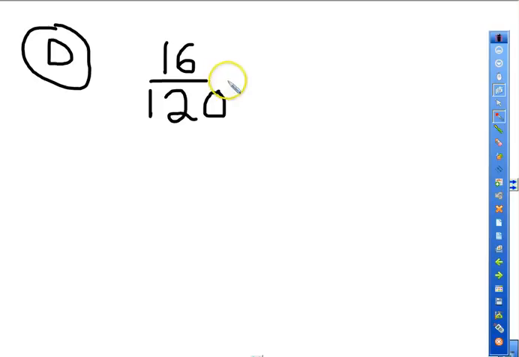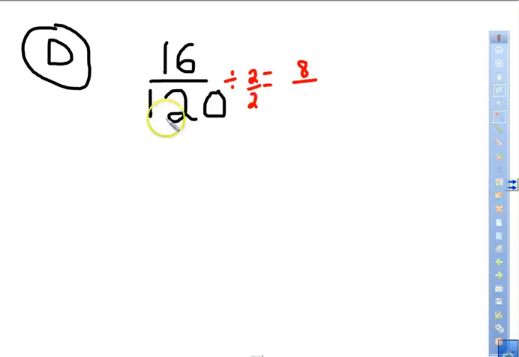Well, these are larger numbers, and if you're not sure what the greatest common factor is, if we know that they're even numbers, then let's do that first. And so 16 divided by 2 is 8, and 120 divided by 2 would give me 60. They're still even numbers, and you can reassess.